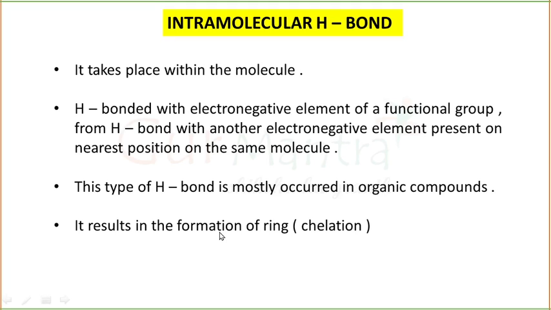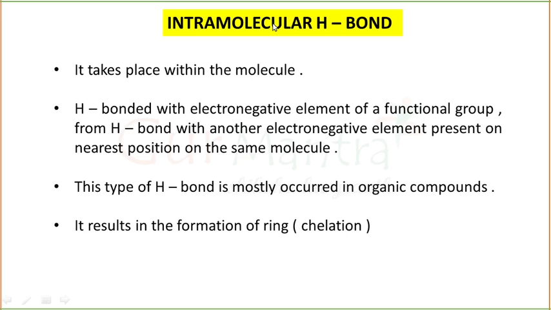Next, second type of bonding is intramolecular hydrogen bonding. This intramolecular hydrogen bonding takes place within the molecule. Hydrogen bonded with electronegative element of a functional group forms hydrogen bond with another electronegative element present on the nearest position on the same molecule.